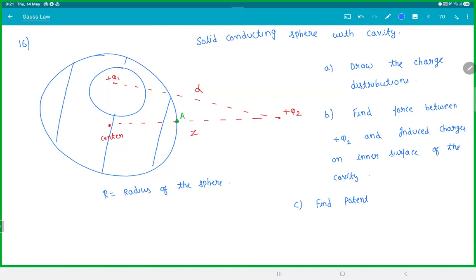Find the potential at the center. Find the potential at A due to the conductor. And let's say this distance is some y.